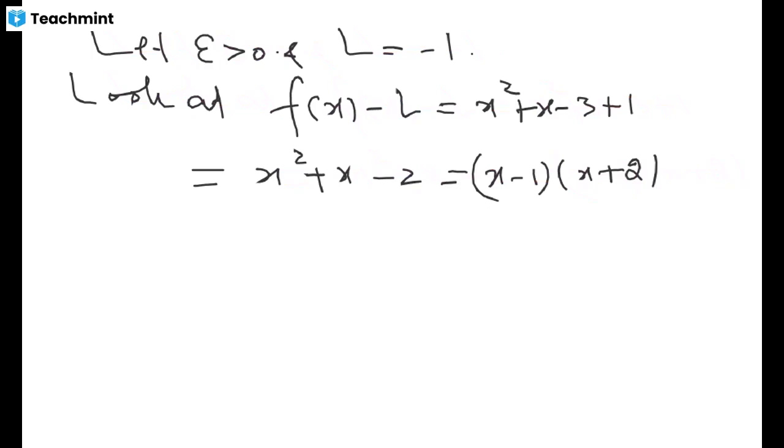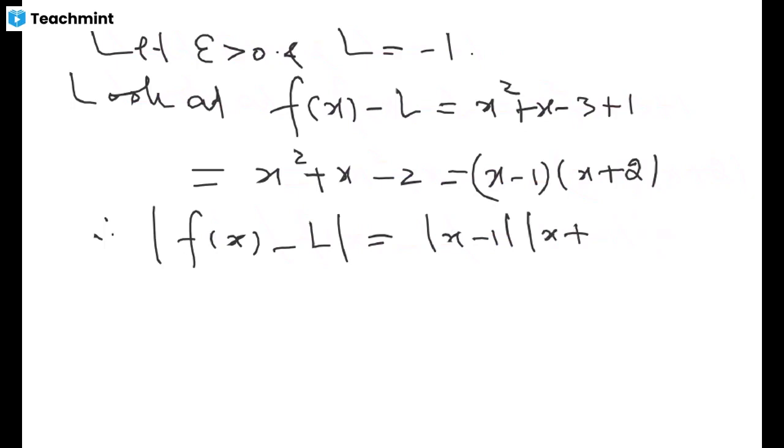Hence, because we want the distance of f of x from L, which is the absolute value of f of x minus L, it comes out to be the absolute value of x minus 1 times the absolute value of x plus 2. Here we again have to look at things carefully because we have to choose a delta.